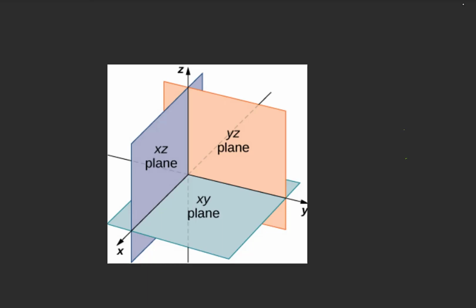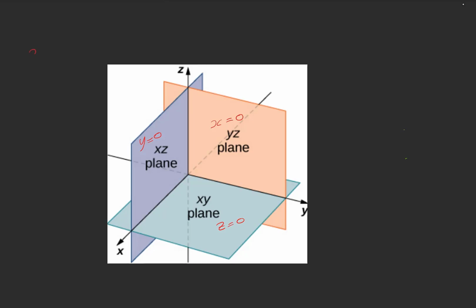In the XZ plane, what is the Y value? In this plane, the Y value is always 0: y equals 0. In the YZ plane, x equals 0. In the XY plane, z equals 0.